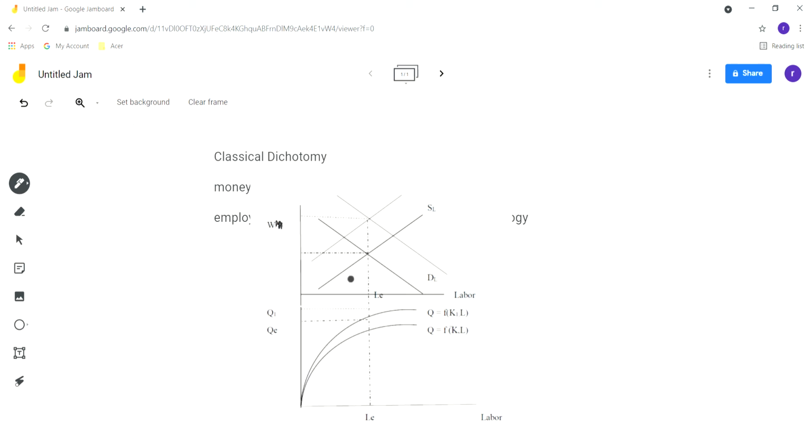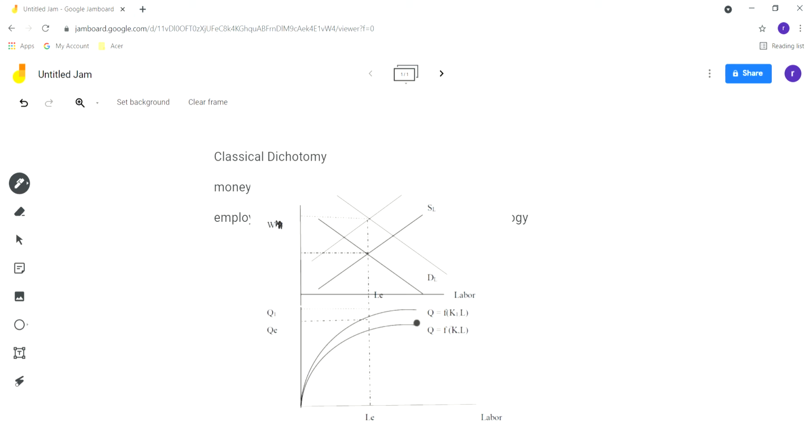So this is the demand for labor curve and this is the supply of labor curve. In the second quadrant we have the production function. Q is a function of capital and labor, and on the x-axis we have labor and on the y-axis we have output. In the first quadrant, on the x-axis we have labor and on the y-axis we have the money wages.